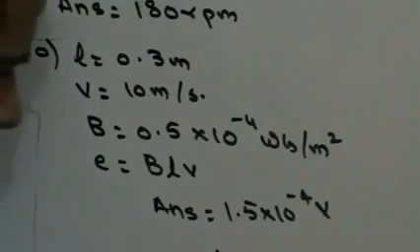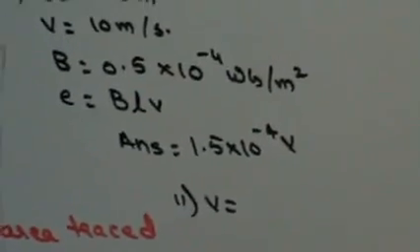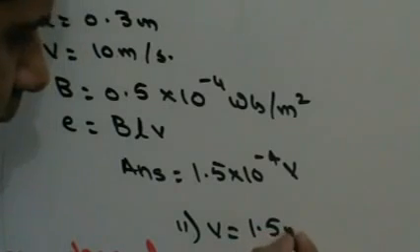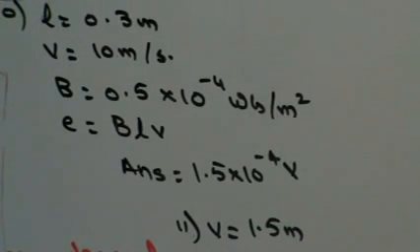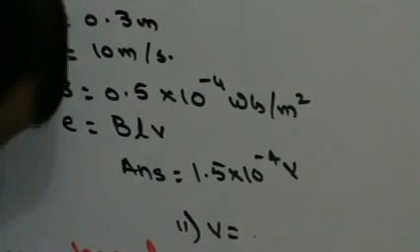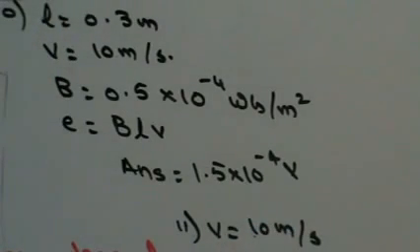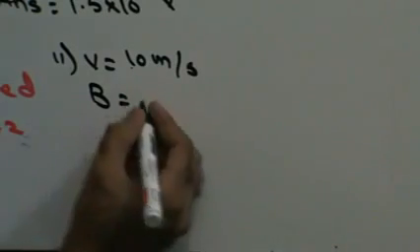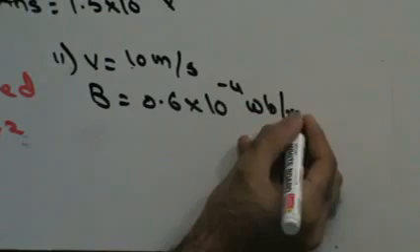A conductor moves with a velocity of 10 meters per second in a magnetic field of 0.6 into 10 raised to minus 4 Webers per meter square.